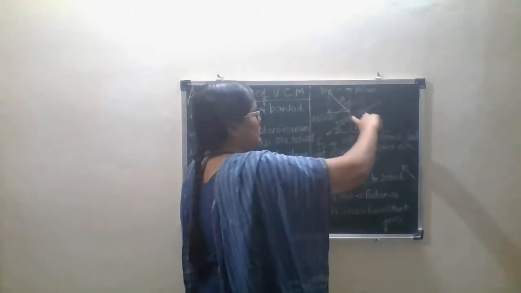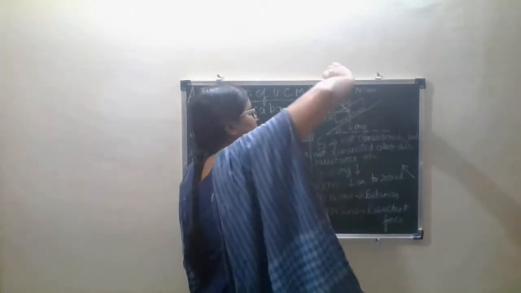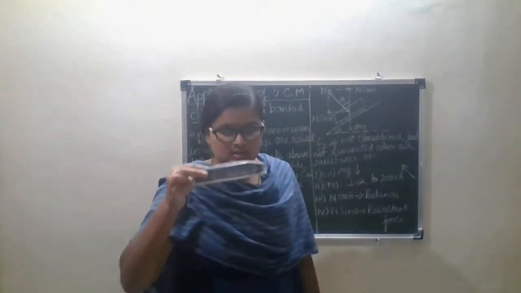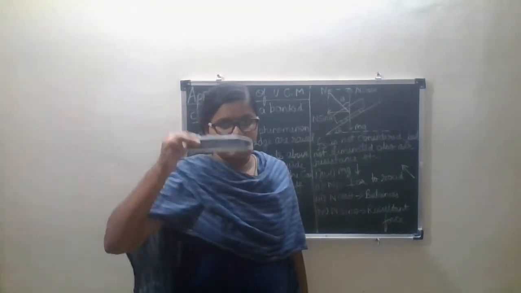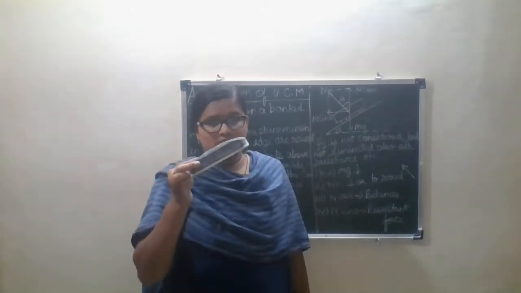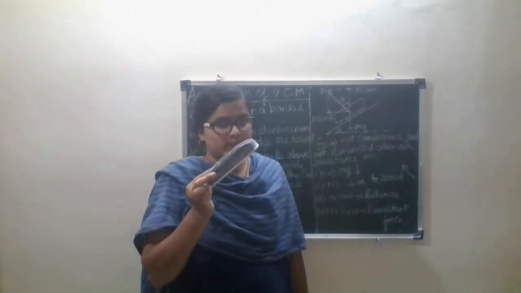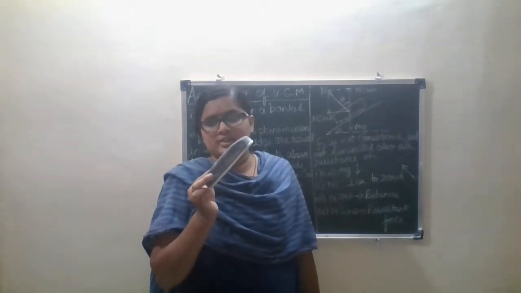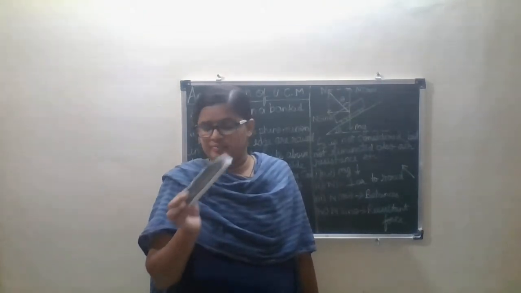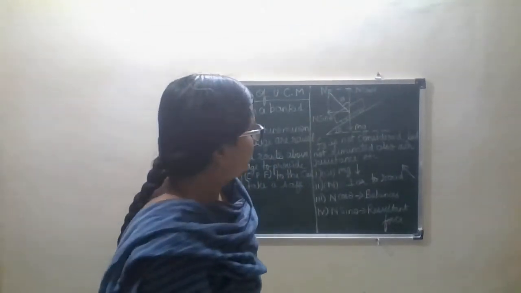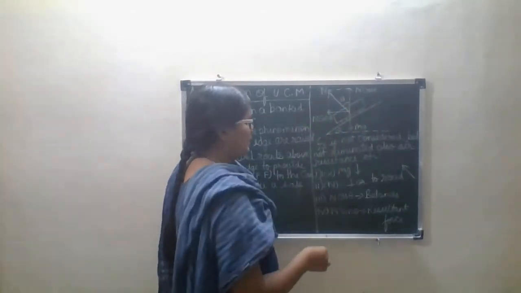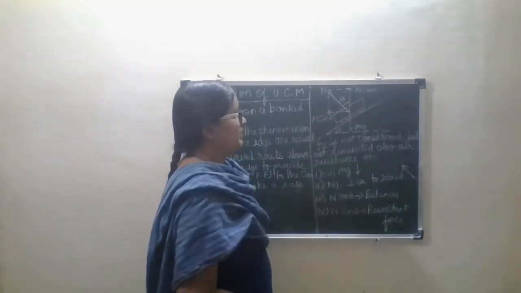Suppose this is a car; on a flat road the normal reaction may act in the upward direction. Now the car is tilted, so the normal reaction will be perpendicular to the road and it will act in this direction as shown in the diagram.